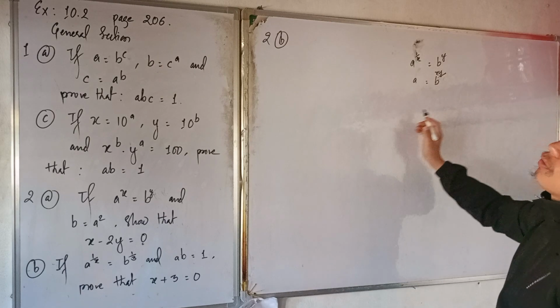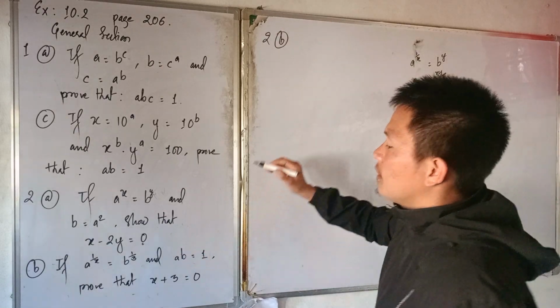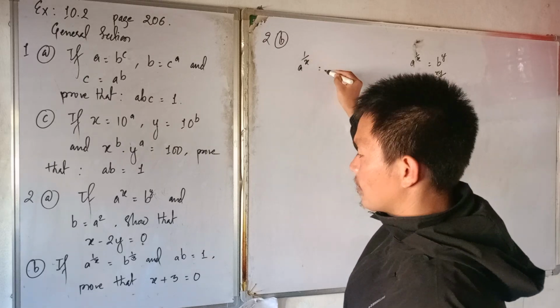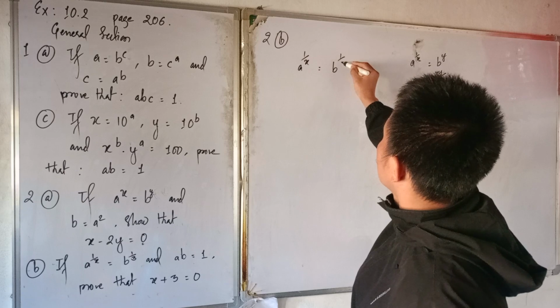In the same way, here we are given a power 1 by x, and another b power 1 by 3.